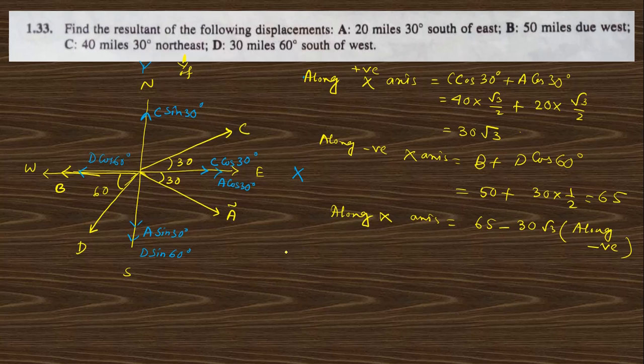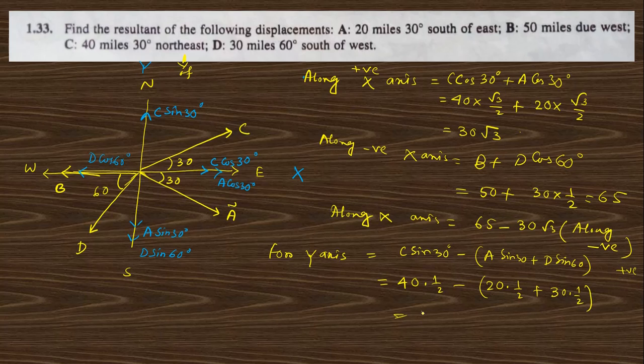Similarly for the y-axis, it will be C sin 30 along positive, minus A sin 30, plus D sin 60 along positive. C is 40 miles and sin 30 is half, minus A is 20, sin 30 is half, and D is 30 and sin 60 is root 3 by 2.